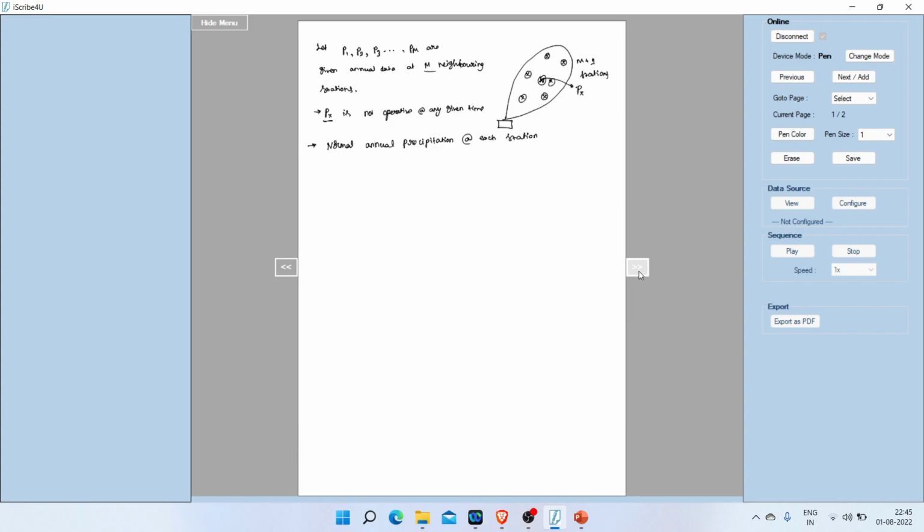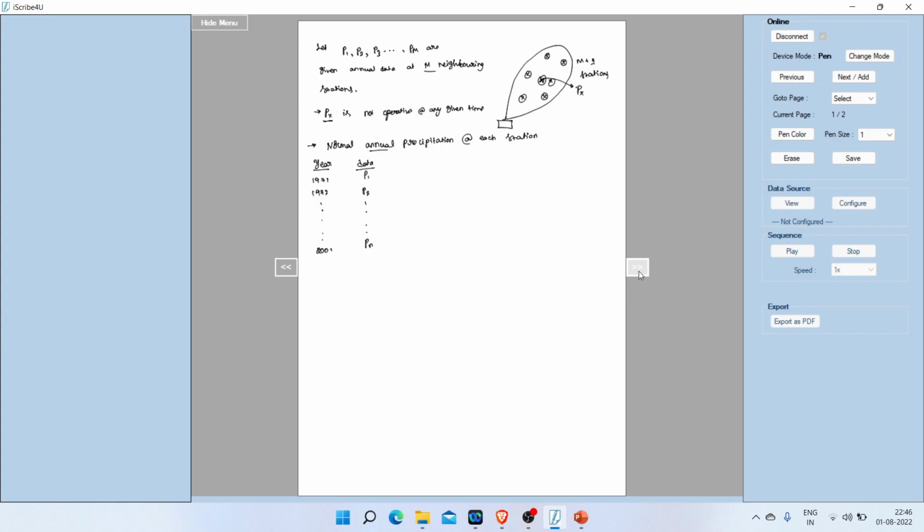Let's say we have the data as follows: 1971, 1972, and so on up to 2001, and each year has some value P1, P2, and so on up to Pn.